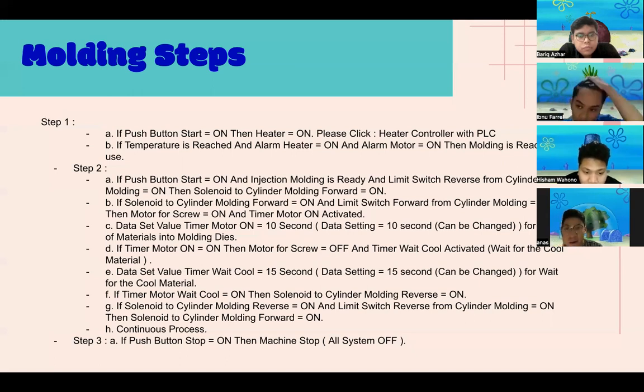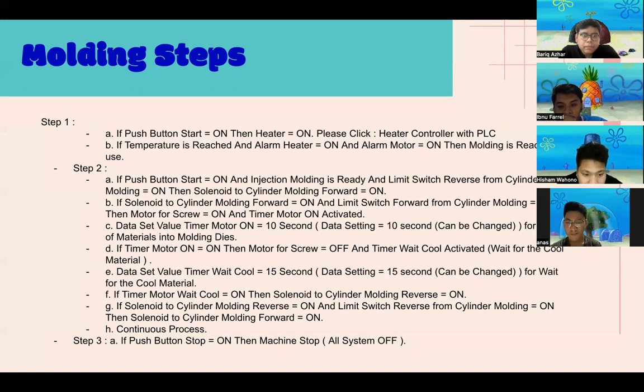If timer motor is on, then motor for screw is off, and timer wait for cool is activated. The set value of the timer for cool is 15 seconds. Again, it can be changed depending on the material used in that production system.